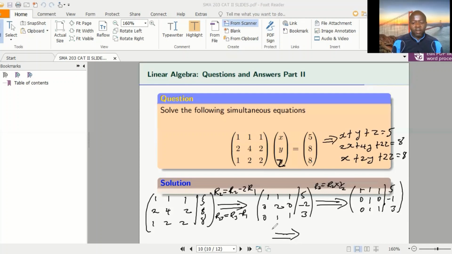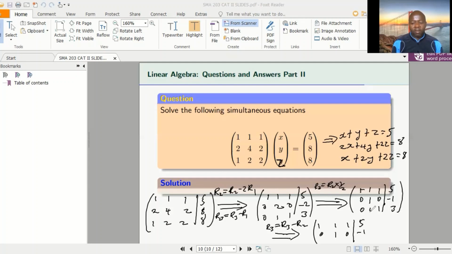Now I want to do row 3. What I just want to do is take the current row 3 minus row 2, so row 1 remains where it is and row 2 remains where it is.